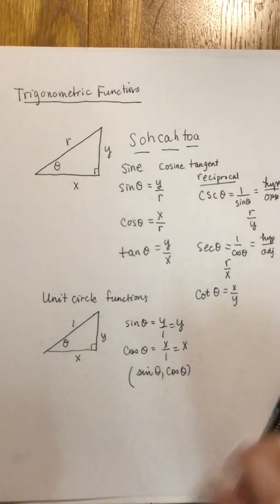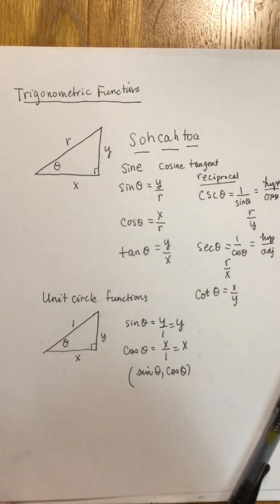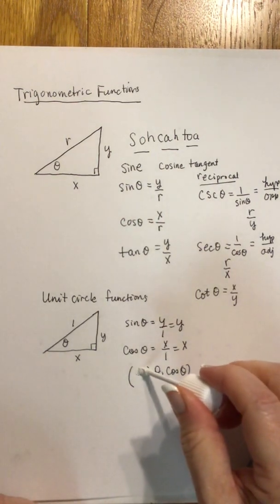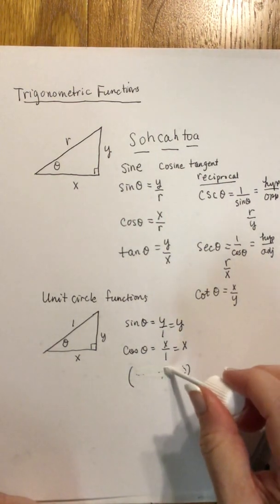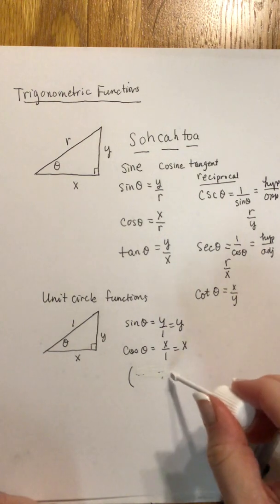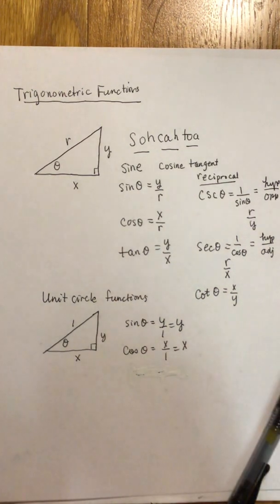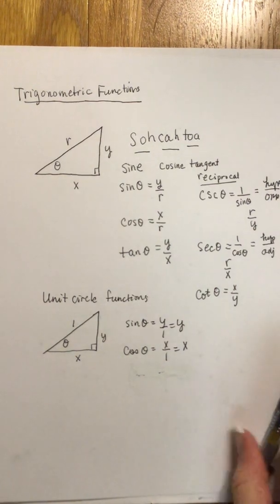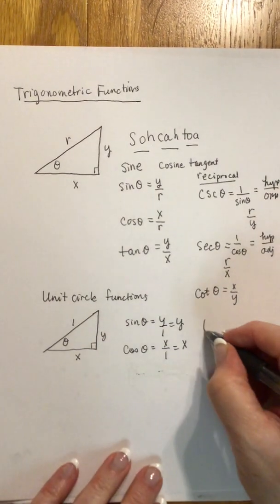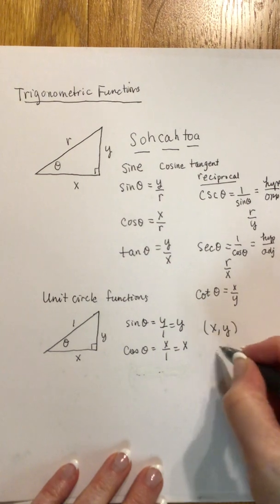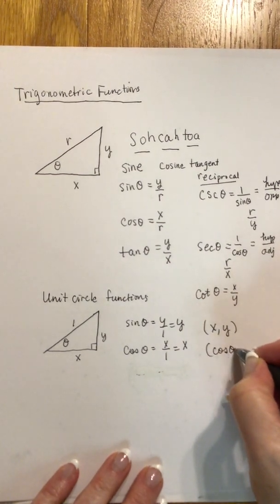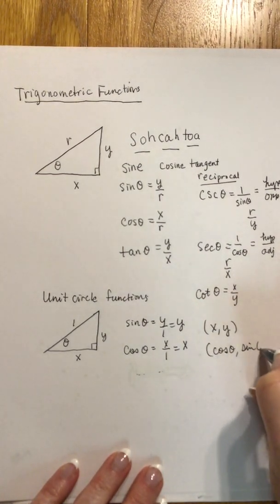Let's fix that for cosine, sine. We have x comma y, so that's going to be cosine theta comma sine theta.